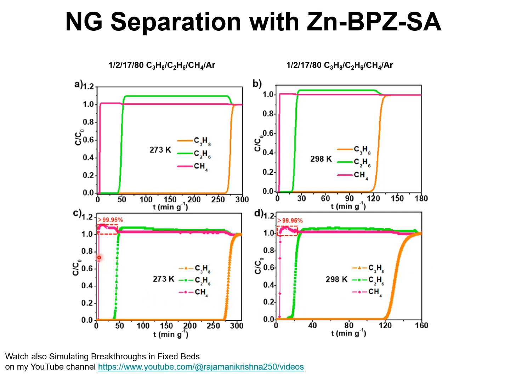And what is also important is to note that from these experiments and simulations, it is demonstrated that 99.95% pure methane can be recovered during the initial stages of the transient breakthroughs.